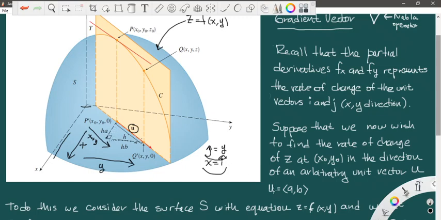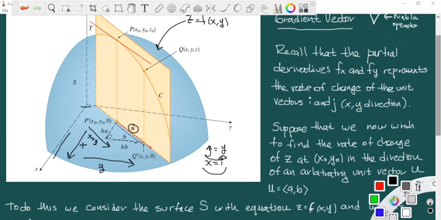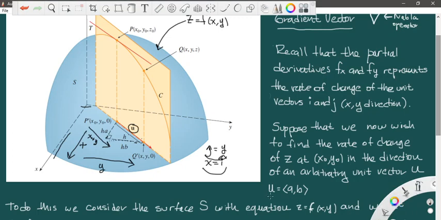So this new vector u is going to be defined by these components a and b, which is this is a and this is b. And h is a scalar or a constant.